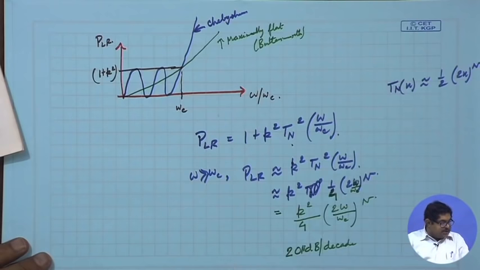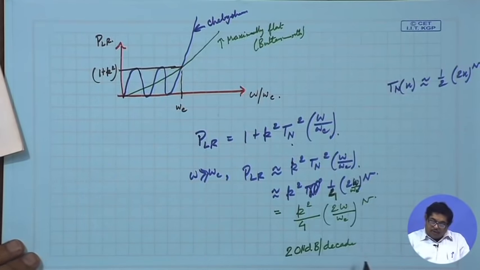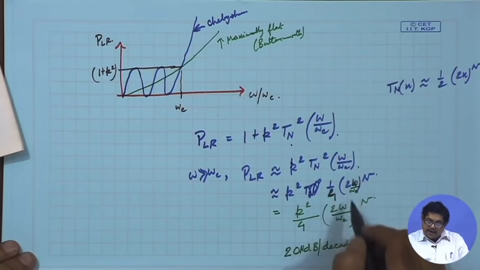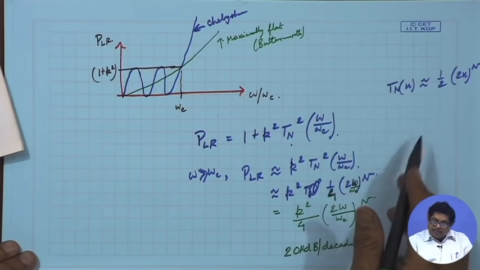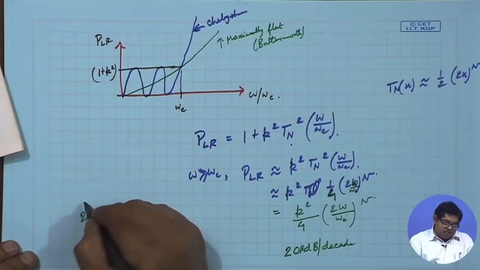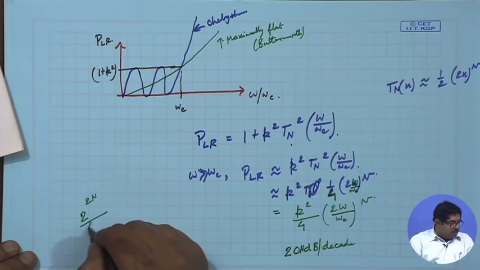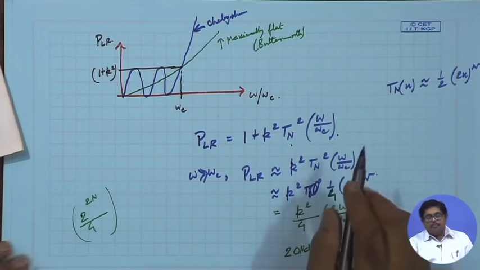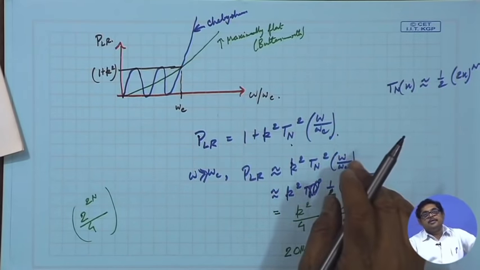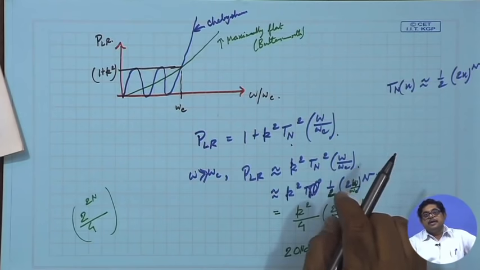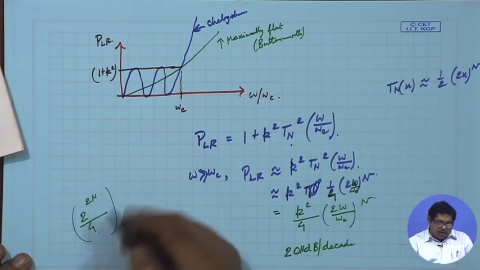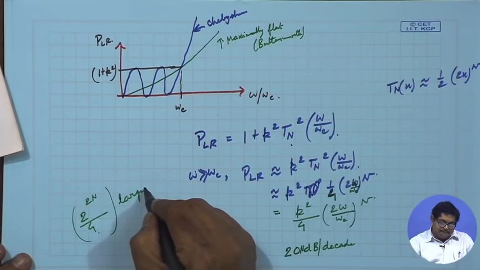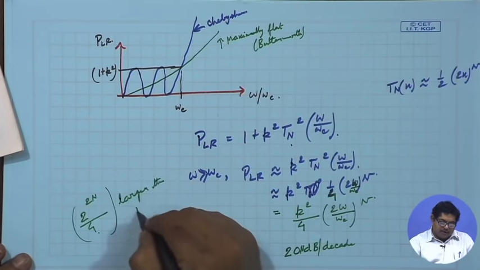The advantage is that always this value of T n, the insertion loss of any Chebyshev filter is 2 to the power 2 n by 4 times larger than Butterworth.